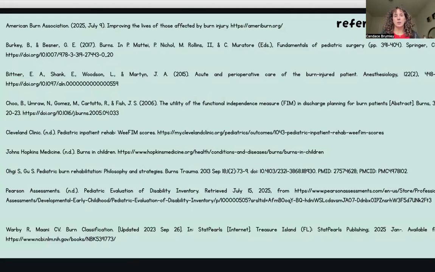I just wanted to reiterate the fact that just because you have seen or worked with somebody with a burn injury, especially a child, as with every other diagnosis, everybody is different. Everyone is going to have different needs.